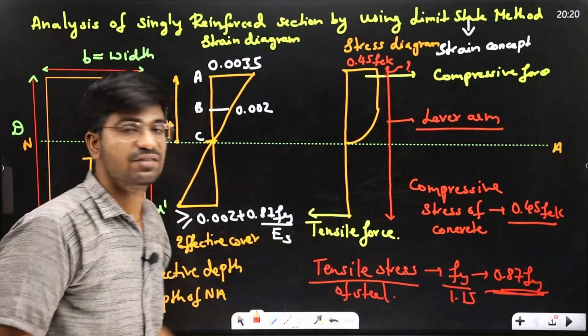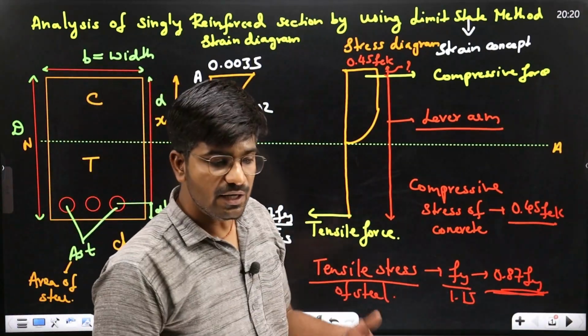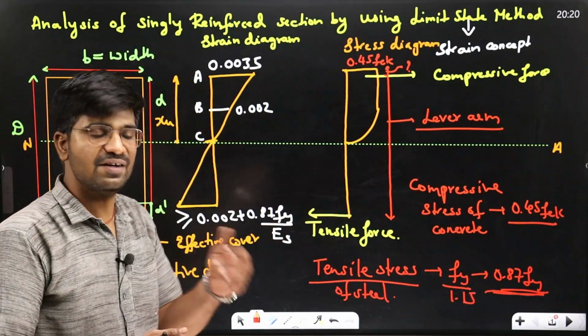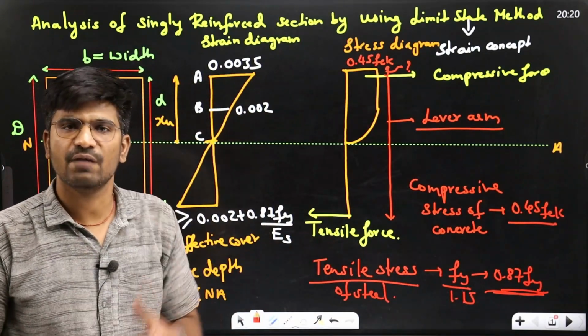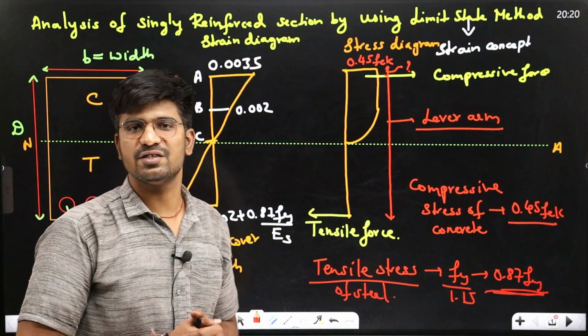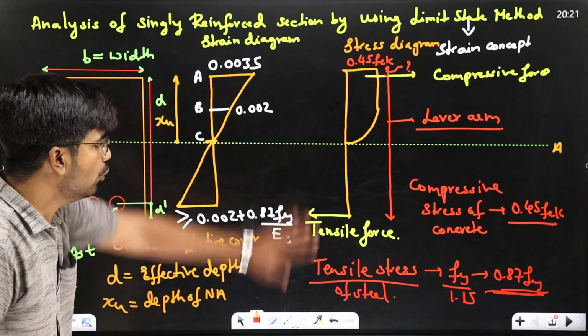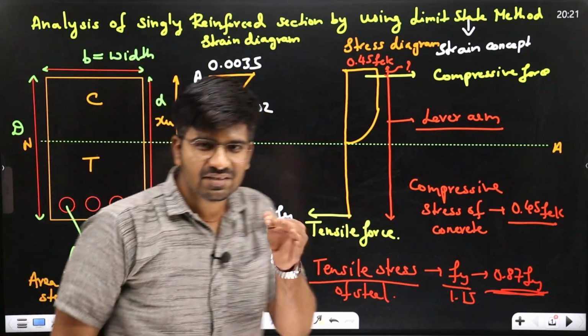By using this, we will know the formula of moment of resistance. And definitely in your GATE exam, you will see one question for moment of resistance. So for that, you have to know all these diagrams, all the basics from scratch.